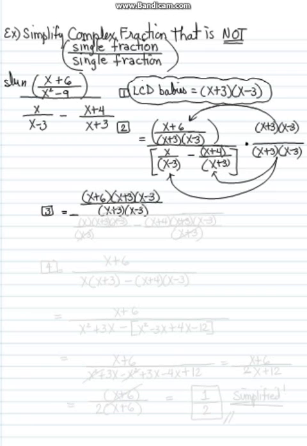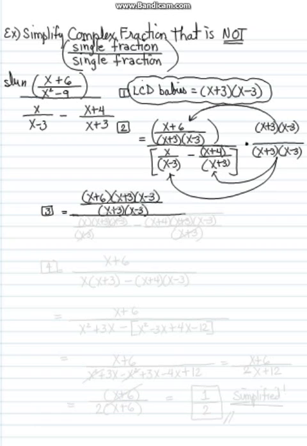I took the LCD and multiplied that top fraction by that LCD, x plus 3 times x minus 3. It only multiplies on the top because really the LCD is like it's over 1. So it's just multiplying on the top. And it's going to do the same thing on the bottom to those two terms separated by that minus sign.